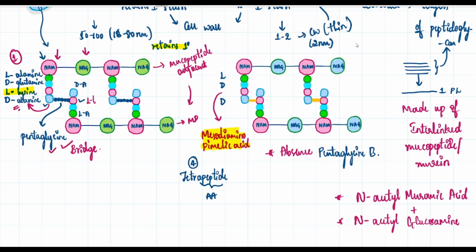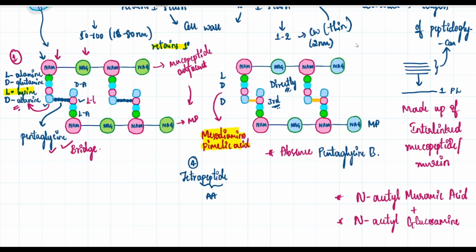So, how are they interlinked? You can see here that the arrangement is the same. The third amino acid, meso-diaminopimelic acid, of one tetrapeptide side chain of one mucopeptide, is attached directly. Okay, I am using the word directly. There are no third parties. In gram-positive bacteria, the third party was the pentaglycine bridge between L-lysine and terminal D-alanine.